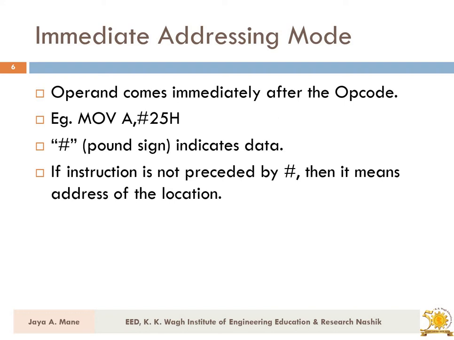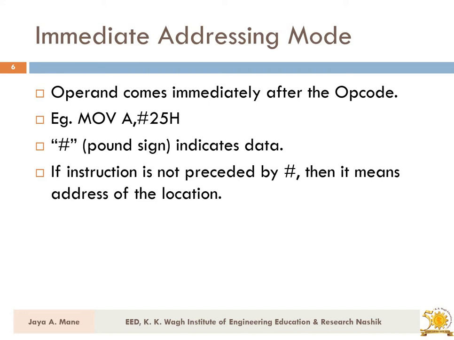So I hope it is clear that when you are writing down a number, it can be either an address or it can be data. But how do you come to know that it is data and not an address? Because of the presence of the hash sign. Hash indicates that it is not the address of the location, it is the number. It is the data, correct? So that is your immediate addressing mode.